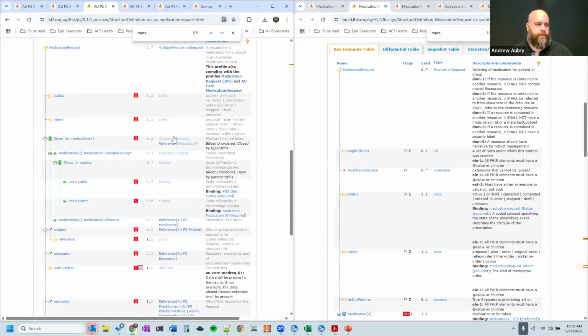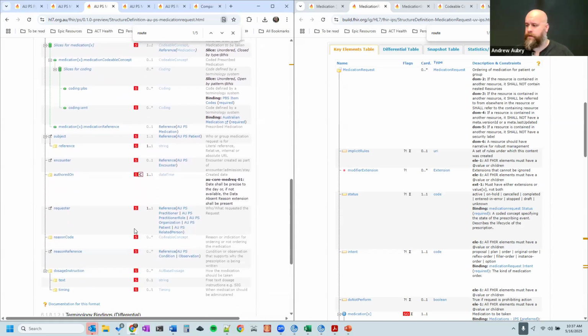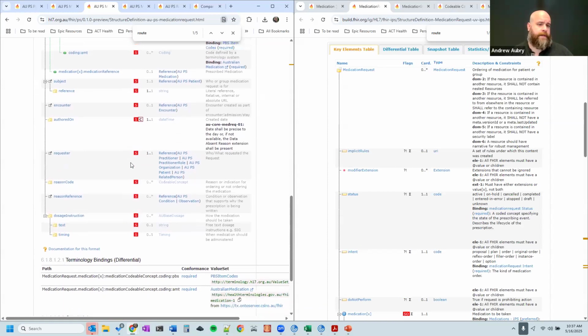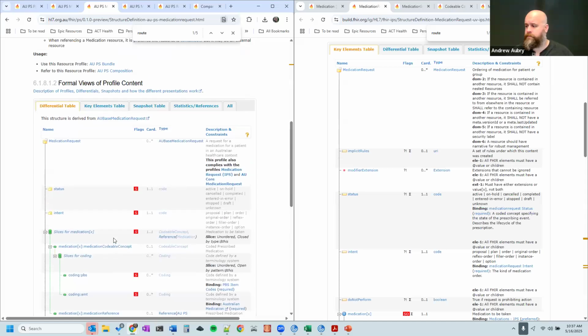So again, with the differences, most of these must supports are partly things we put on core, but some of them come in from the IPS. Again, the biggest one from IPS is the subject reference being a mandatory element. And keeping in mind that reference is an internal reference to the bundle.